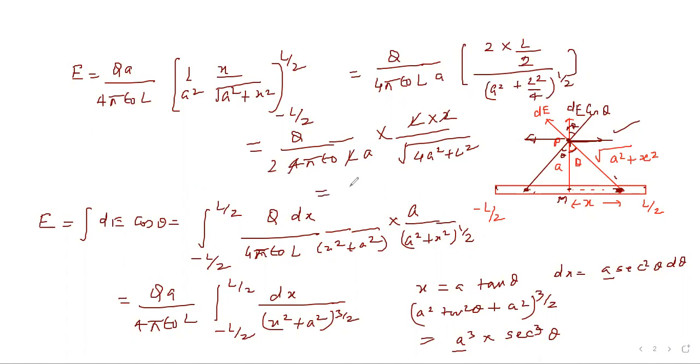So our answer will be Q divided by 2 pi epsilon naught a times root of 4a square plus L square.